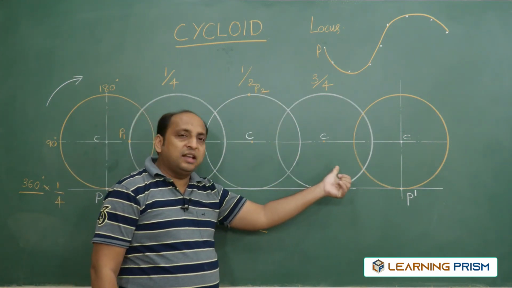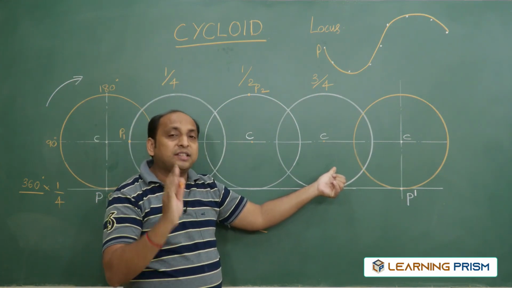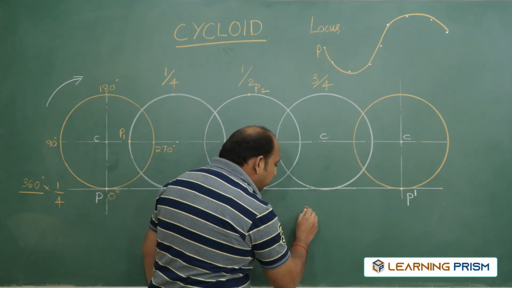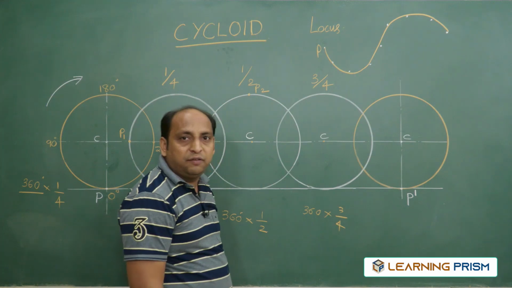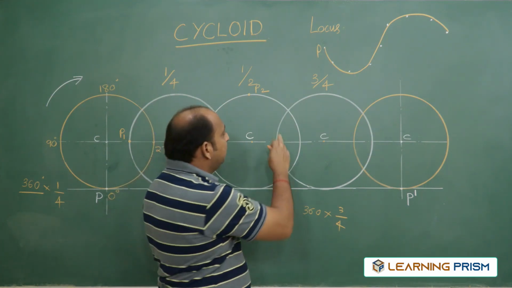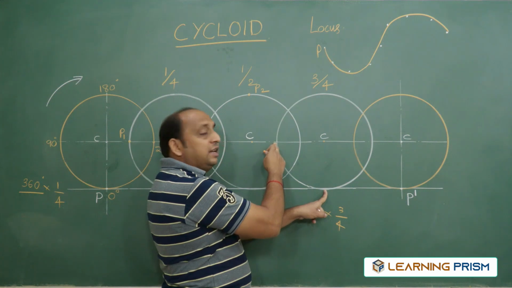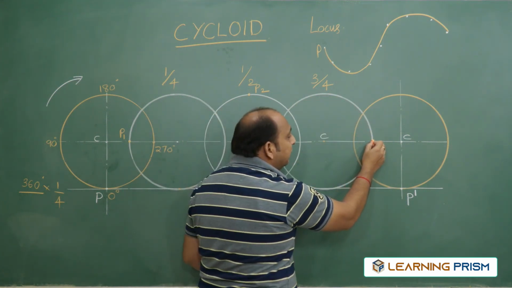Again after the circle rotated for another 1/4 revolution, that means now the circle has rotated 3/4 revolution. So the position of the point P will be 360 into 3/4, 270. So if this is the initial point, 90 degrees, 180 degrees, 270 degrees.